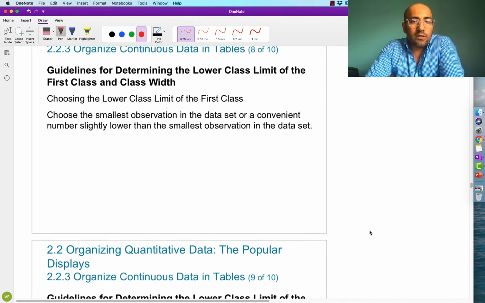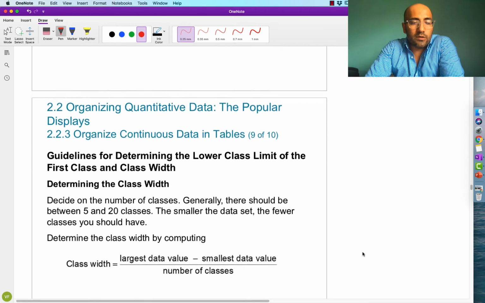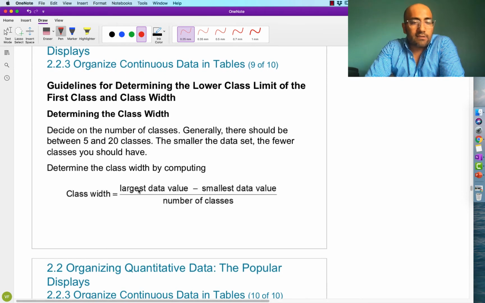Okay, choosing the lower class limit of the first class, choose the smallest observation in the data, or a value that's conveniently slightly lower. Good. The class width, we want to take the largest class value minus the smallest class value and divide by the number of classes that we're going to want. And we usually want somewhere between 5 to 20.